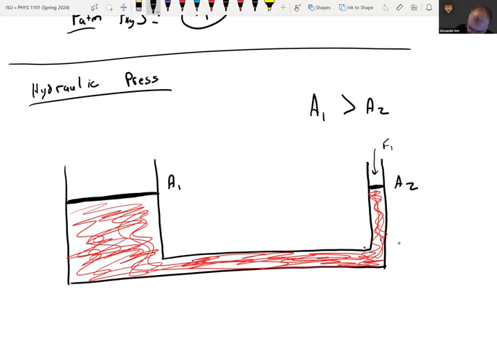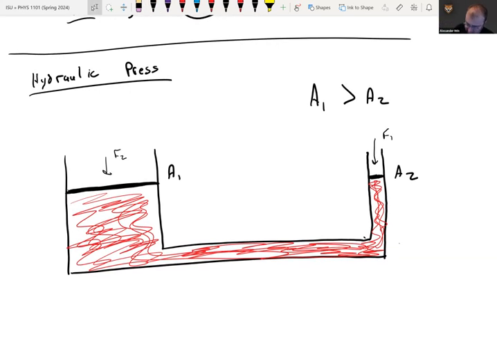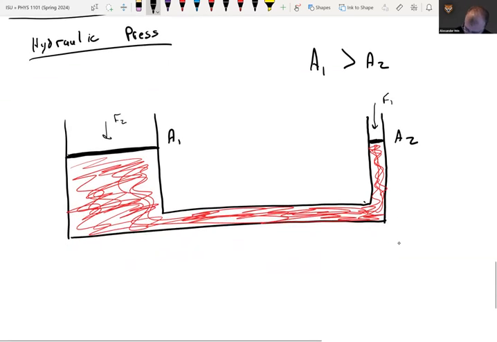However, the question is what counterbalancing force F2 would balance that out. Fundamentally, the pressure change due to F1 has to equal the pressure change due to F2. Now, this is interesting.